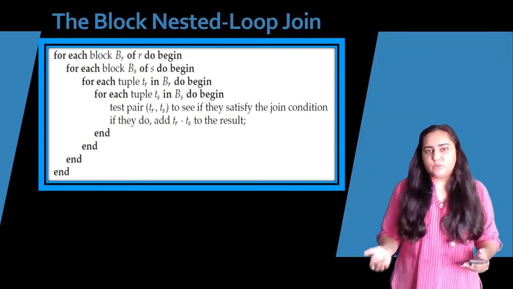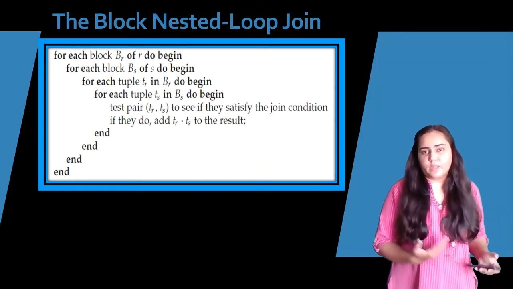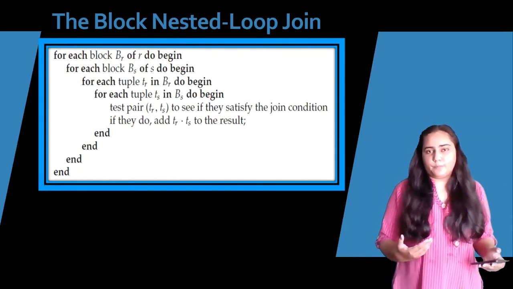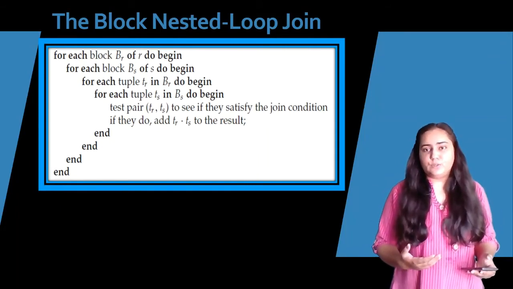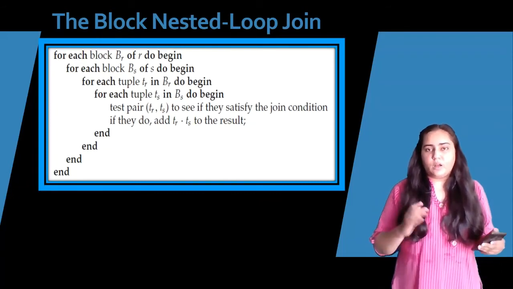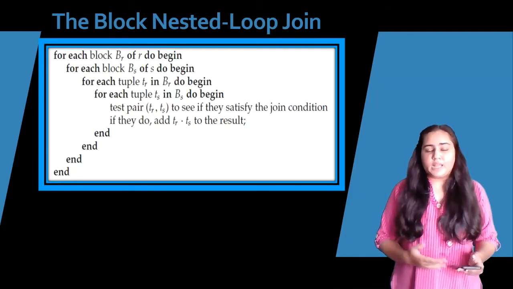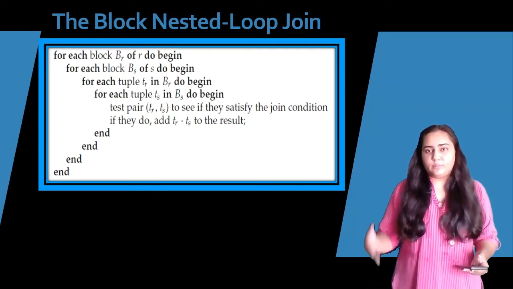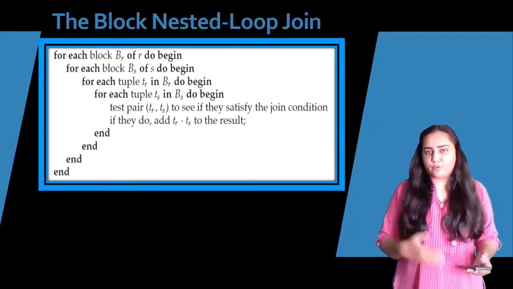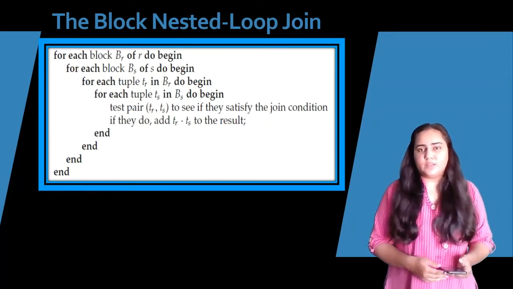Now you can imagine what happens in your normal nested loop join algorithm. You would have to bring each block several times, because you are trying to match one row of one table with all the rows of the second table, and to read all the rows of the second table, you have to bring all the blocks from memory several times. So to avoid this, we use a block nested loop join.